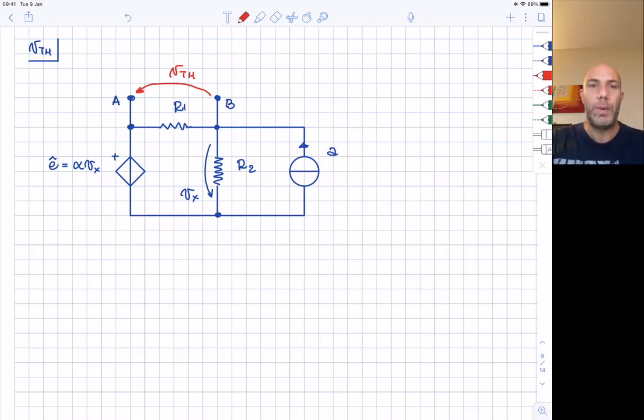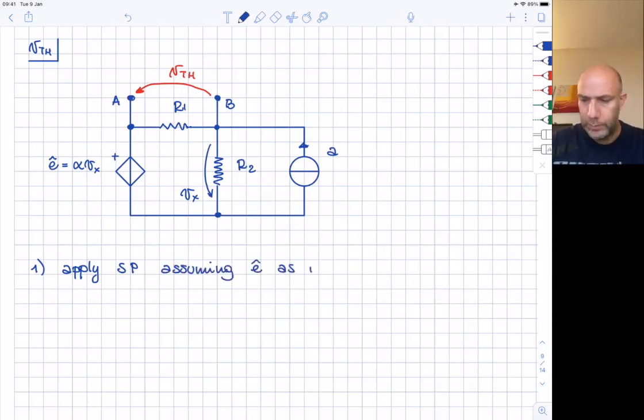So we have to apply the standard method. The first step is to apply superposition, assuming that the voltage generator is independent. And then we have to calculate the controlling variable.